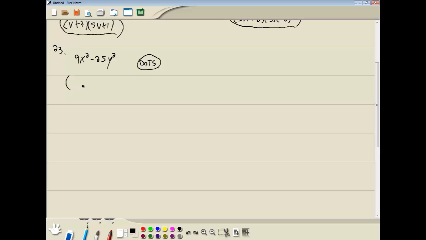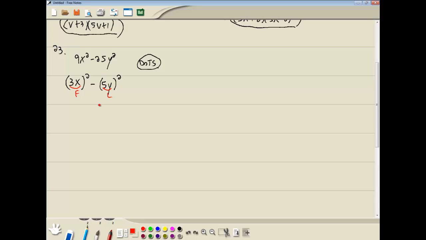So we're going to try to write it as something squared minus something else squared. Well, we look at the 9, we ask ourselves what times itself gives us 9, and that's 3. 3 times 3. x times x gives you x squared. 5 times 5 gives you 25, and y times y gives you y squared. So we were able to write it as something squared minus something else squared. Now we'll label that as F for first.